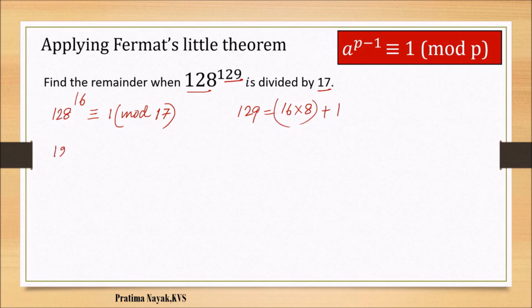So 128 to the power 128 into 128 is congruent to 1 raised to the power 128, which is again 1, times 128 modulo 17.